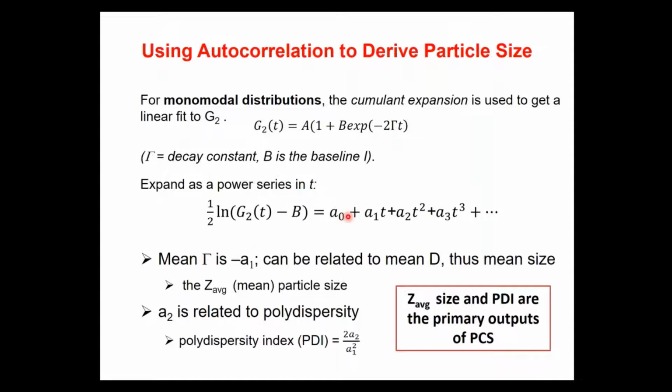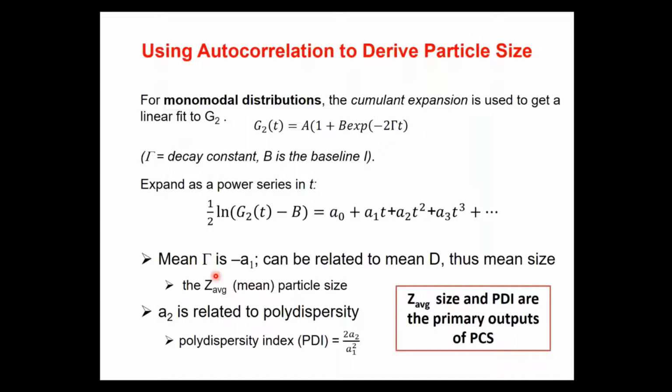So we can relate gamma to this first coefficient in the expansion, A1. And since we can relate the decay coefficient with the mean diffusivity, D, we can relate this initial coefficient to mean particle size. This yields what is known as the Z average, or mean particle size in PCS.